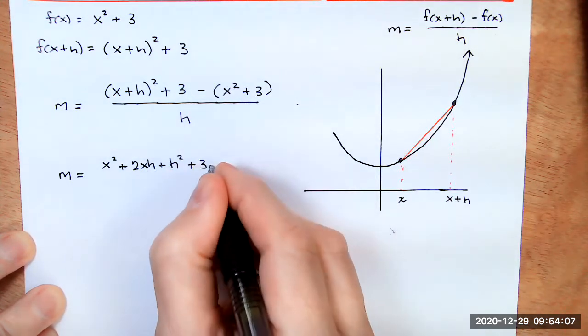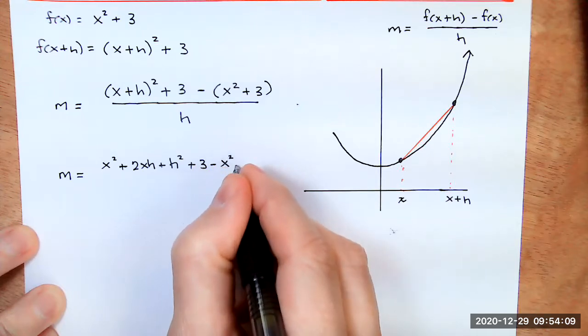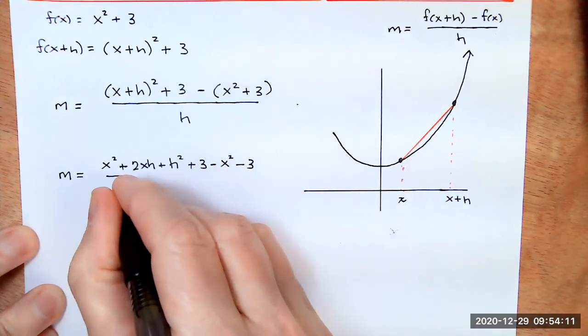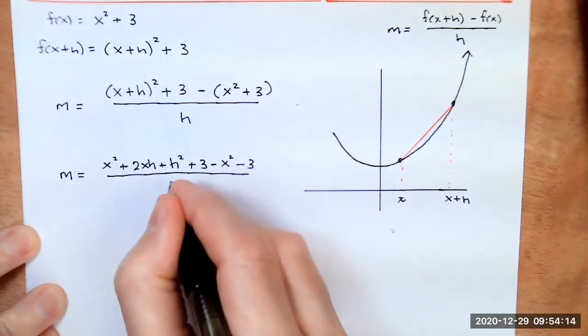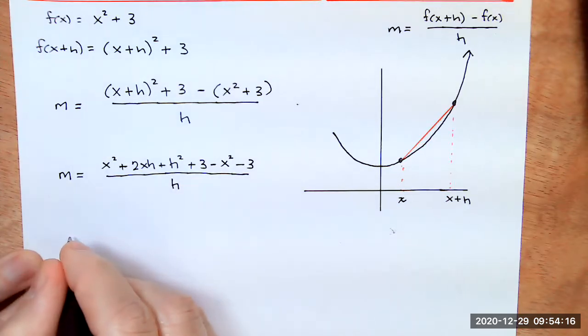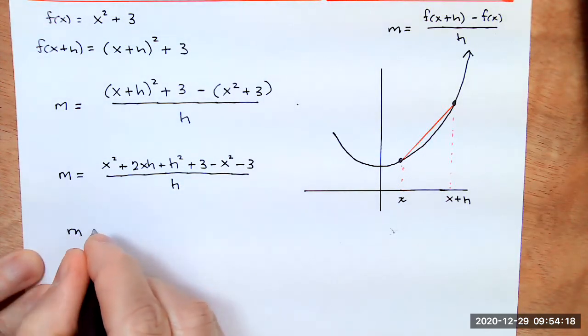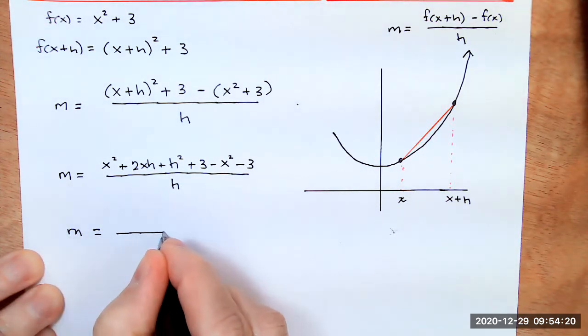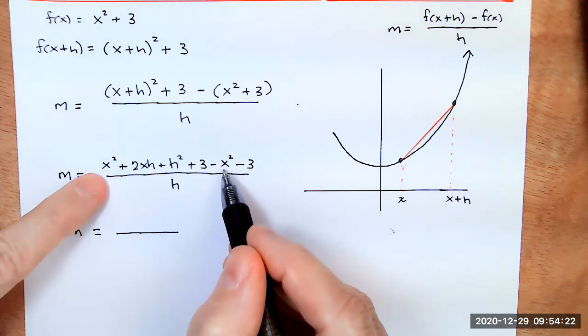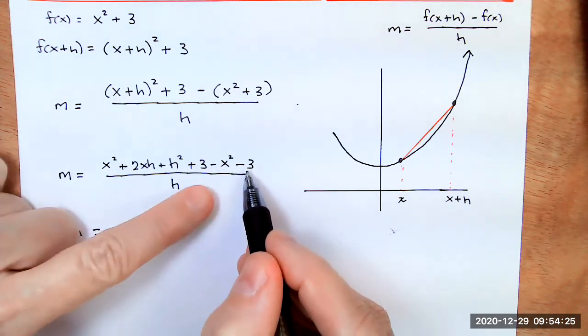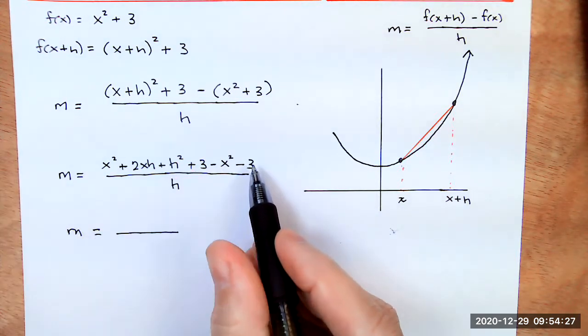Let's distribute that minus sign. So x squared minus x squared is equal to 0. 3 minus 3 is equal to 0.